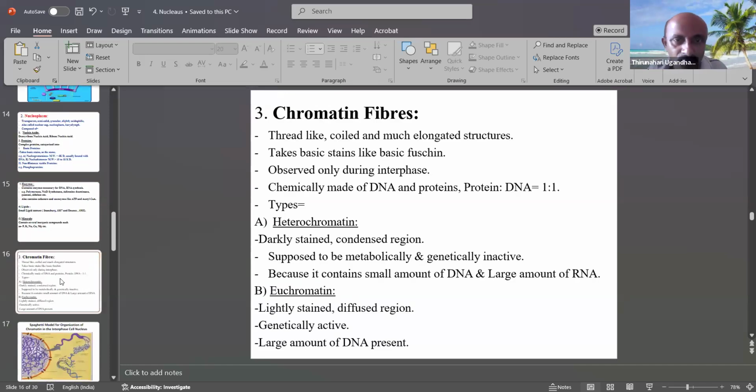Then also called chromatin fibers. The third important part is called chromatin. What is chromatin? It is a fundamental part which forms the chromosomes. During cell division, the chromatin bodies are elongated to become chromosomes.